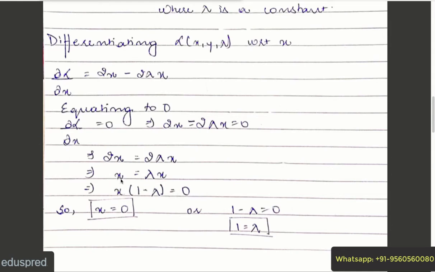Now note that you cannot just cancel x and x here, because by doing that you're just assuming x takes the value of 0. So this is the correct method. So by this partial derivative I get that x is equal to 0 or lambda is equal to 1.